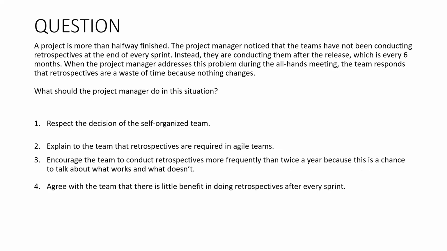You need to understand their context also. So explain to the team that retrospectives are required in an Agile team, or encourage the team. We always select the answer where we have the appealing information, which means encourage the team. It's already there, so why do you have to explain it? But if it is about the team charter or ground rules, then what will you do?